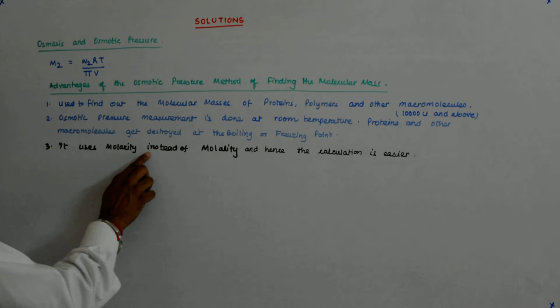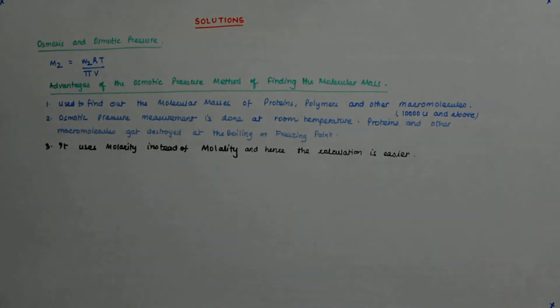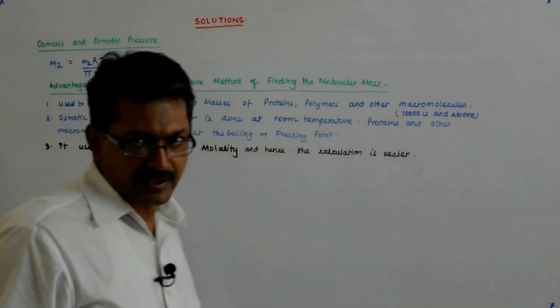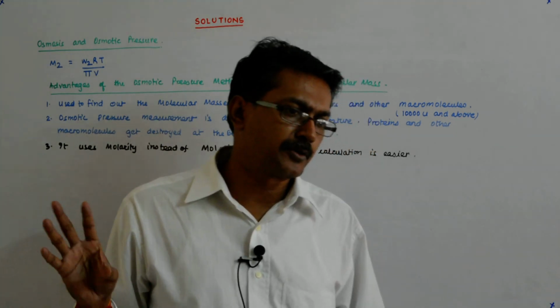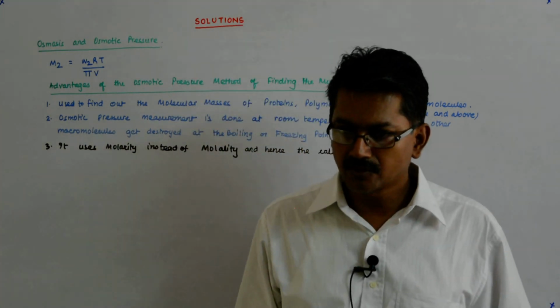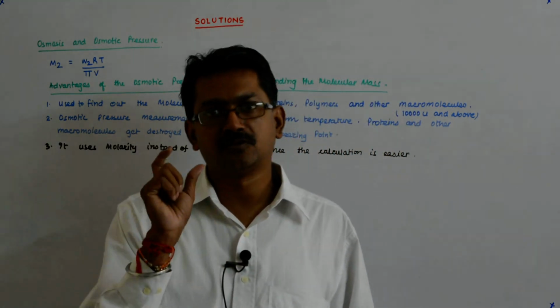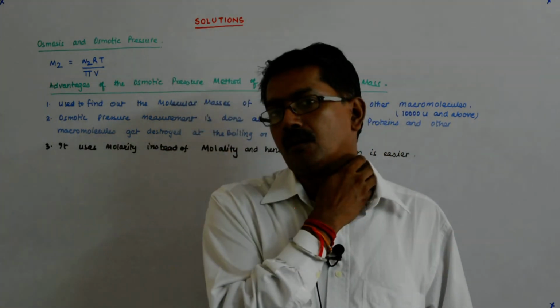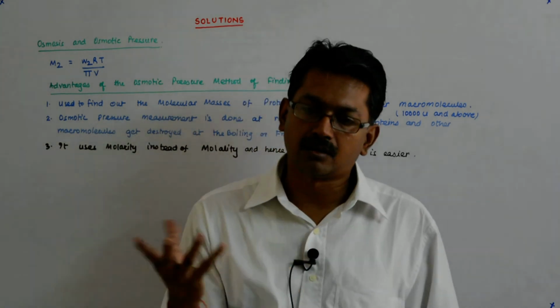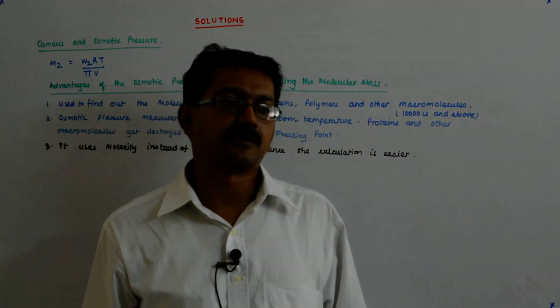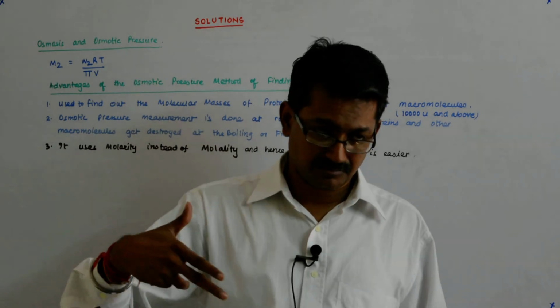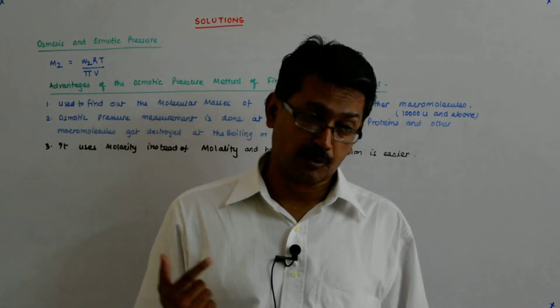But in a lab process, for knowing the albumin, the protein in urine, you use these methods. You'll see there is albumin or maybe protein in your blood, and you cannot subject blood to its boiling point, right?